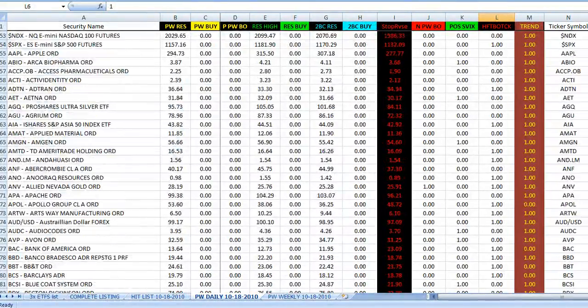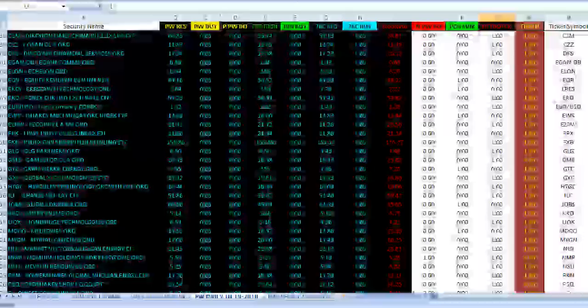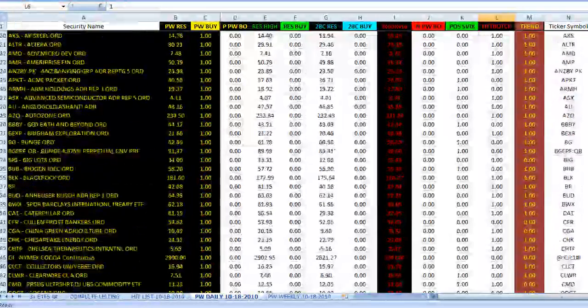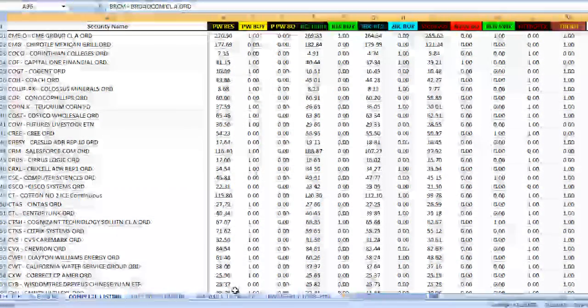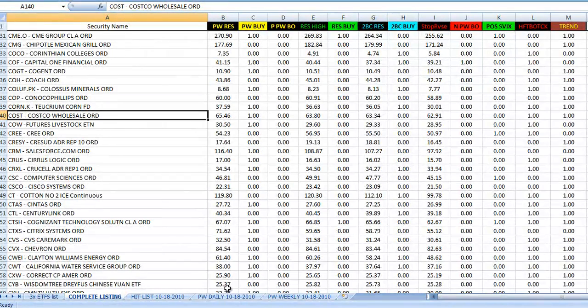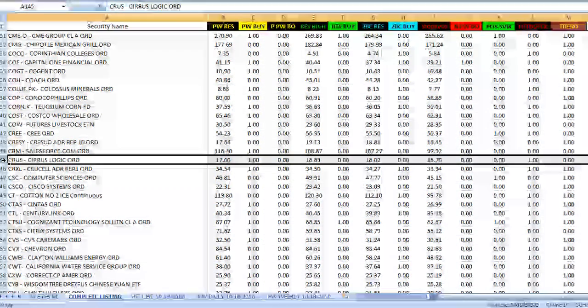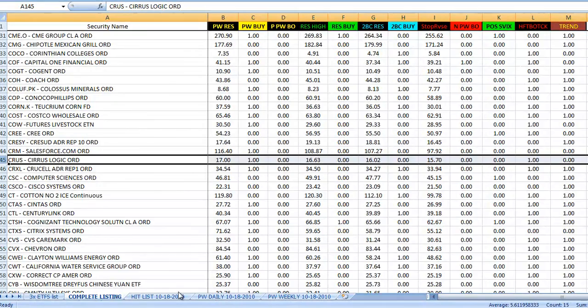So that's what the Pulse Wave Daily is for. Quick find of plays. If you want to find individual securities quick, you go to the complete listing tab, and that's the alphabetical listing of the Pulse Wave Daily. Okay? So quick glance. You just want to find a security real quick, see what the system is saying about it. Bam, here it is right here. Okay?